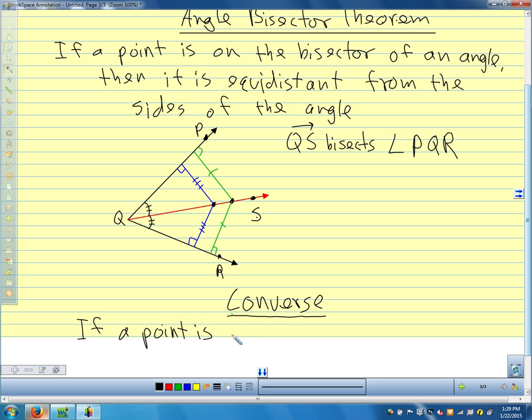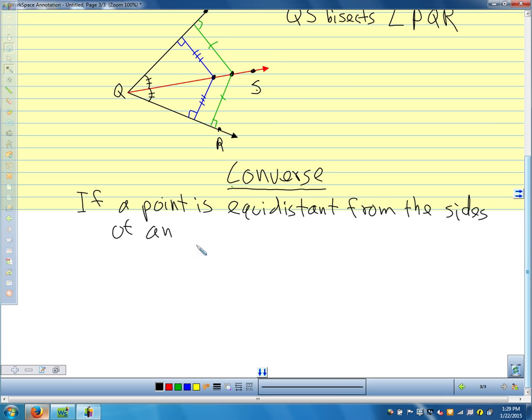If it is equidistant from the sides of the angle, then it is on the bisector of the angle. And I'm going to say it's on the angle bisector.